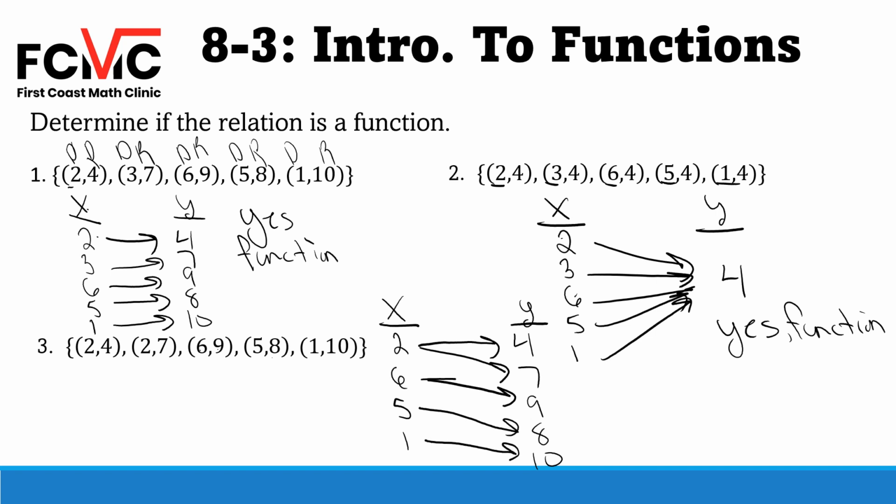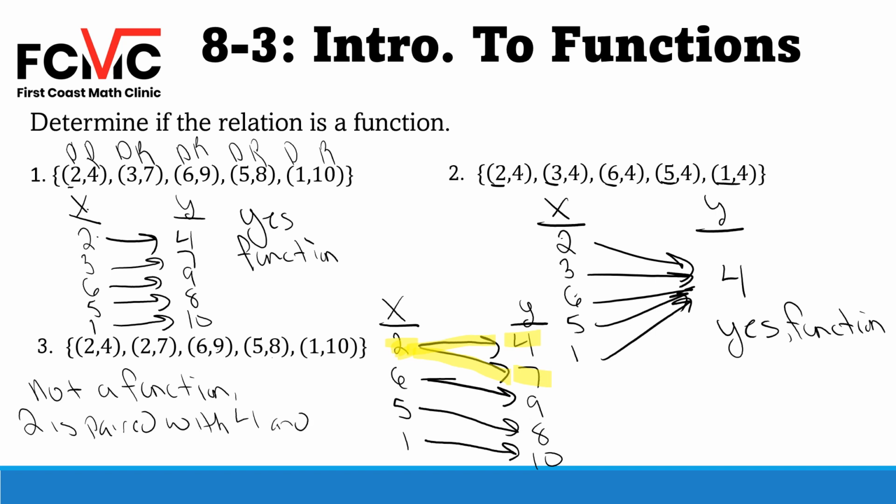And we notice here that 2 is paired with 4, and 2 is paired with 7. Because we've got 2 arrows coming off of that x, this is not a function. 2 is paired with 4, and 2 is paired with 7.